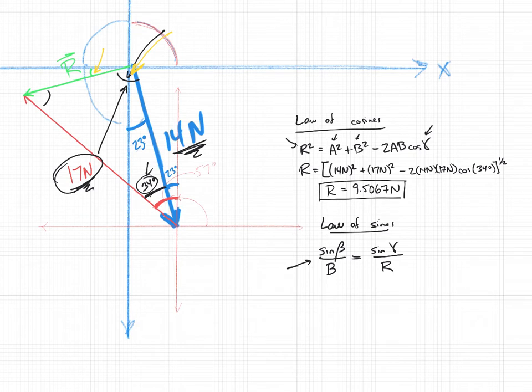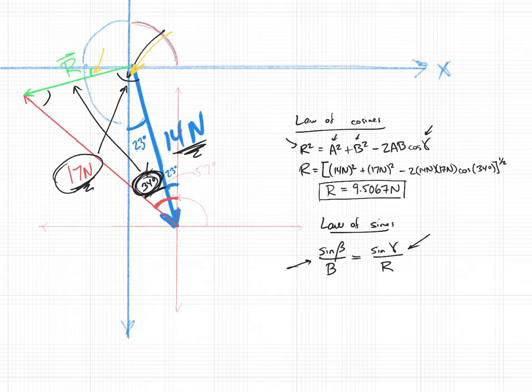And the only other angle I know is this one, so that's gamma, and it's across from r, which is this one right here. So that's how I decided to do it that way.